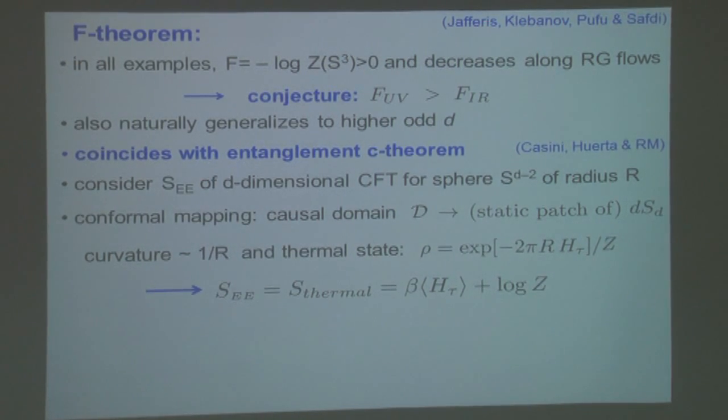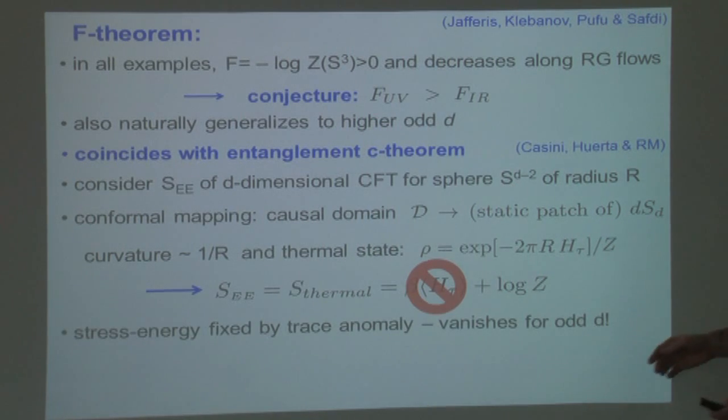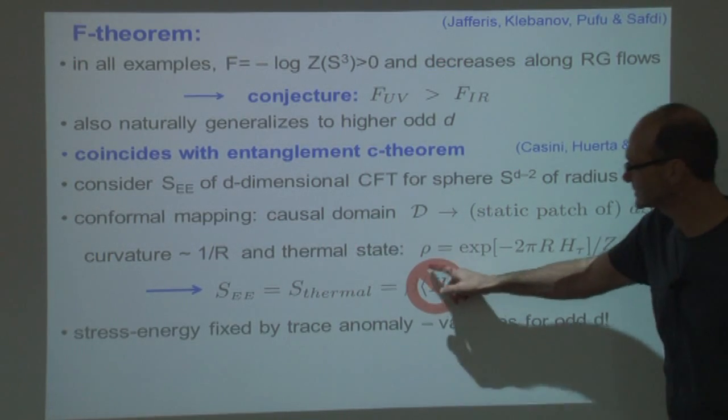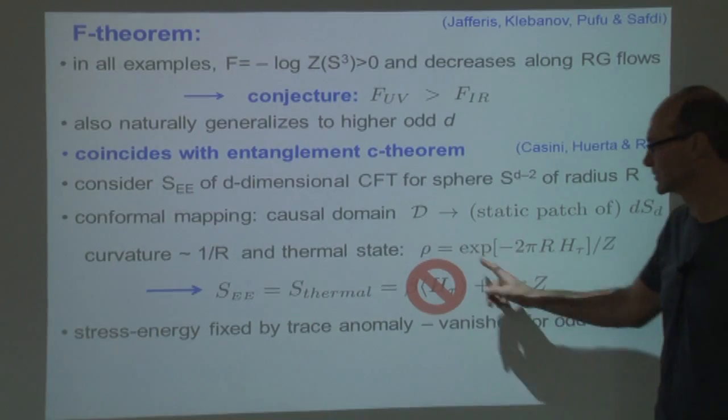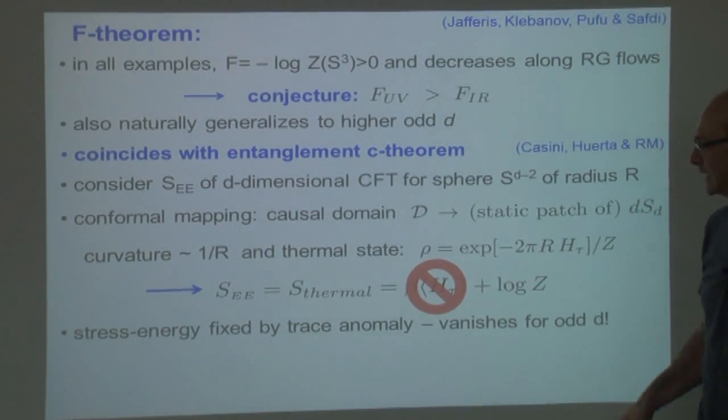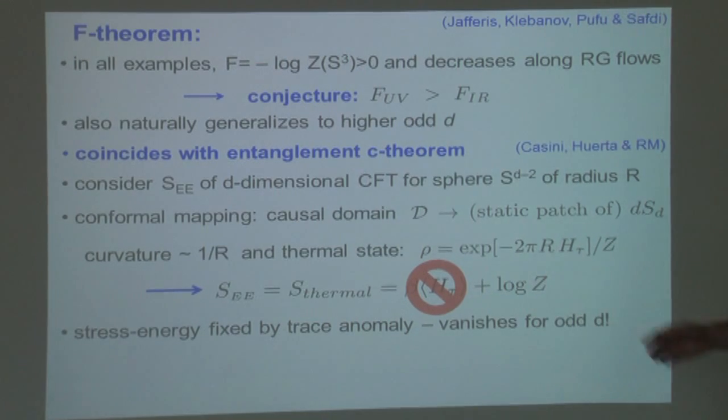This term I can fix using the trace anomaly, but something that's true is the trace anomaly vanishes in an odd number of dimensions. And so this term goes away, and it says that my thermal entropy and the partition function are actually simply related.